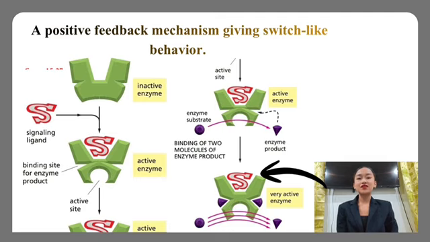As the product increases, two of these molecules return and attach to the enzyme. This is the positive feedback, because the product activates the enzyme even more. Because of this, it becomes a very active enzyme, so production suddenly increases like a switch that suddenly turns on. And that is a positive feedback mechanism giving switch-like behavior.